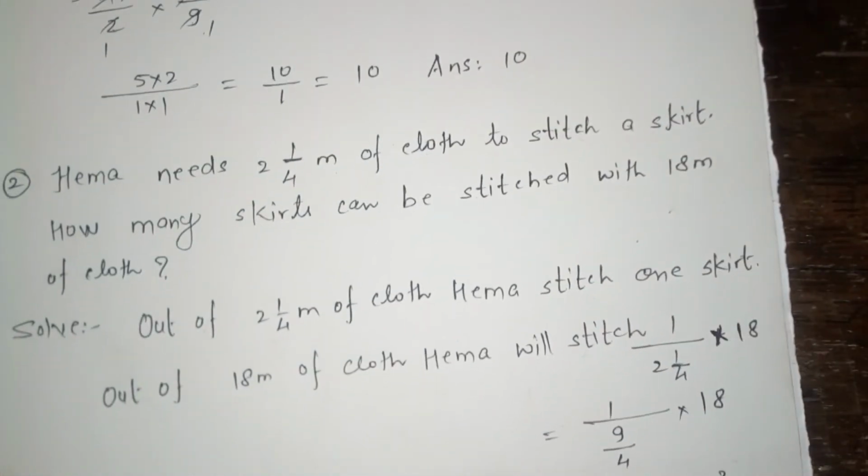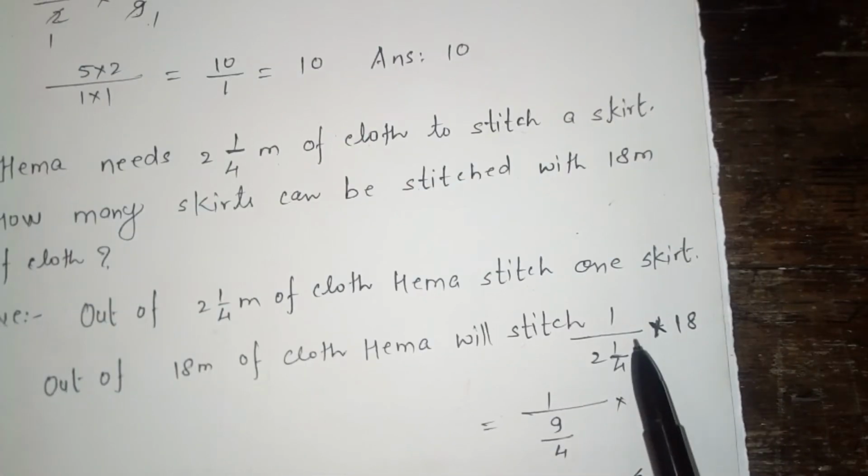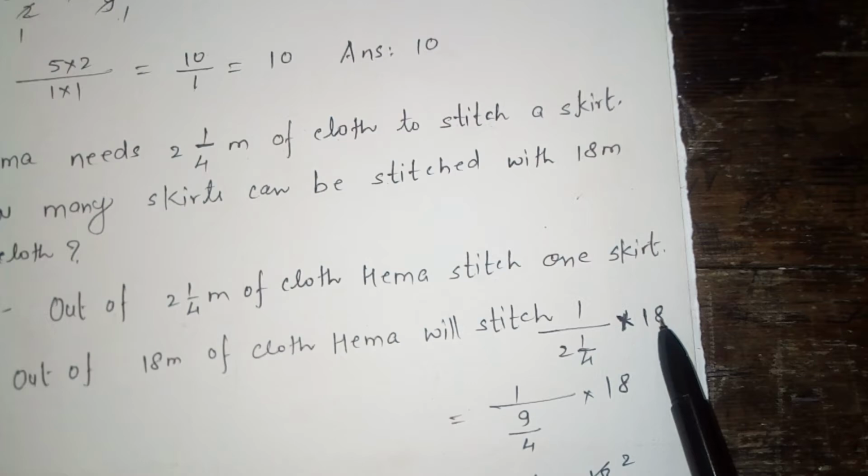So according to the question, out of 18 meter of cloth, Hema will stitch: now look here, 1 upon 2 and 1 upon 4, into 18.